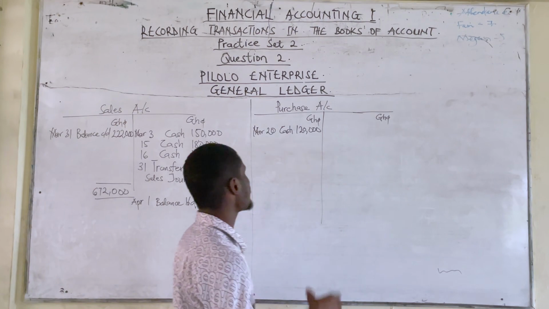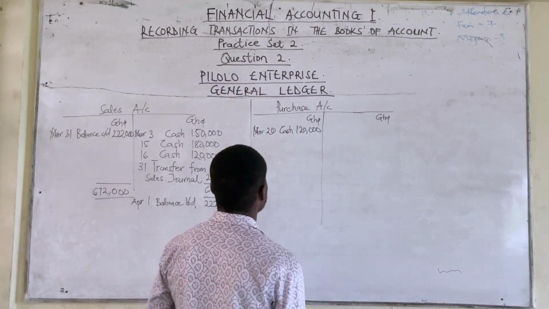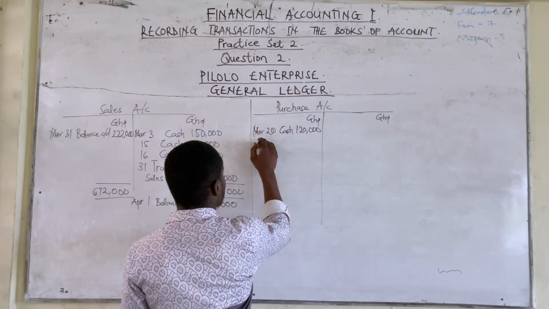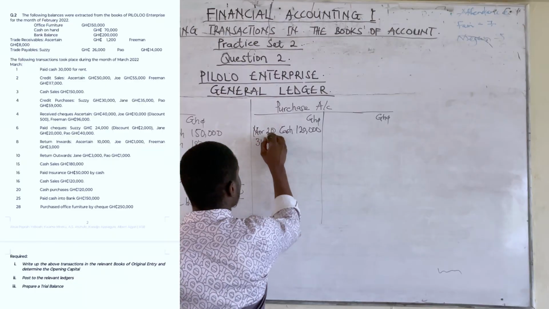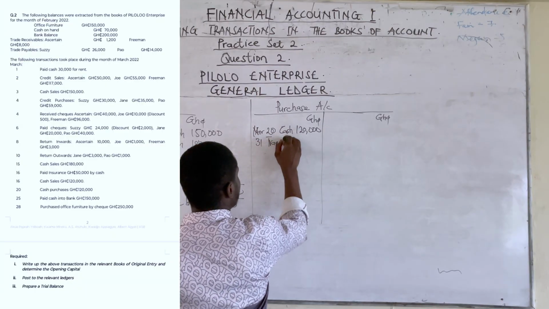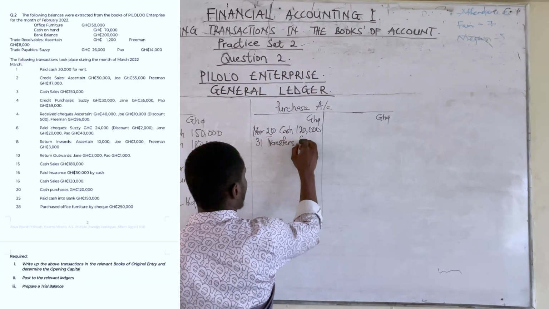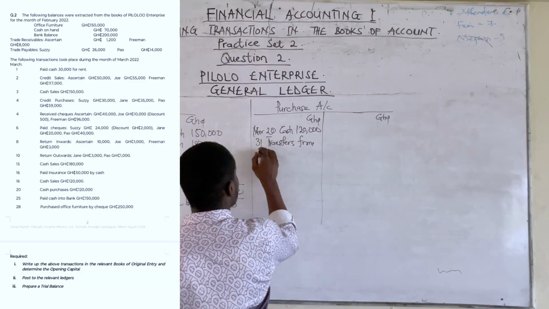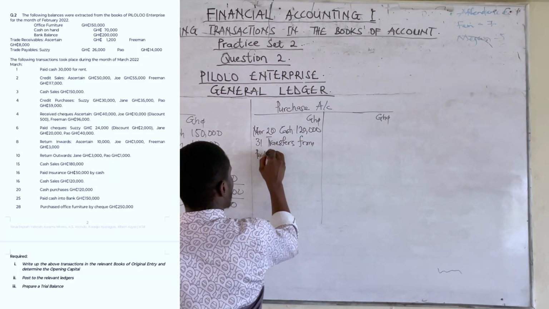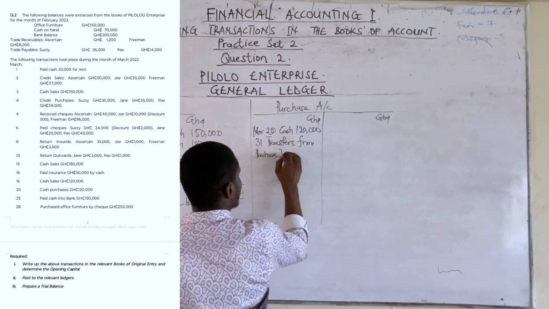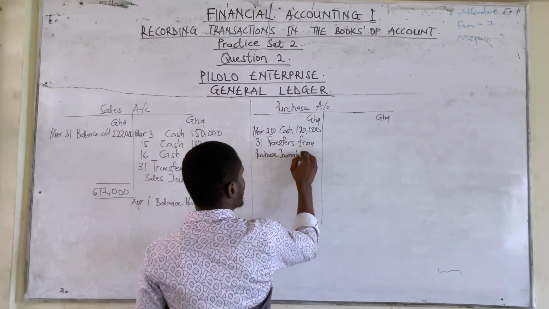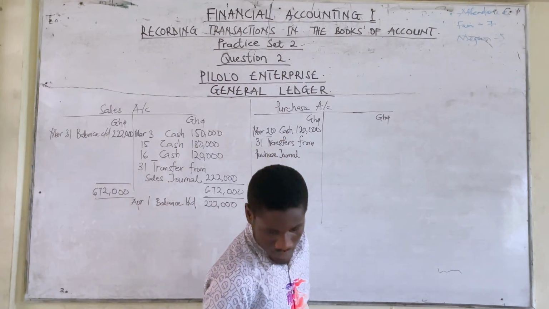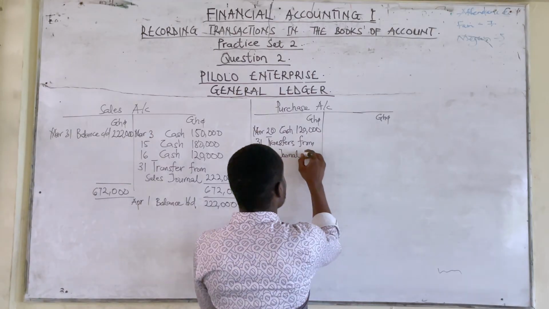So we are now going to bring in the transfers from the purchase journal, which was 124,000.